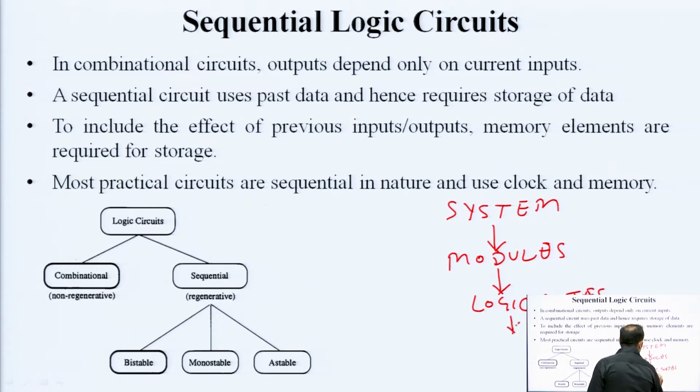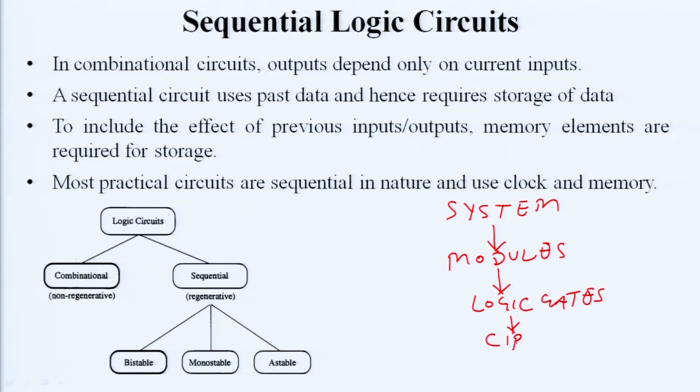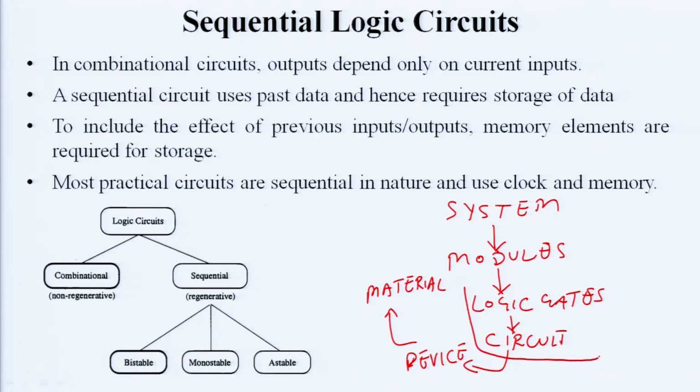These logic gates were made by some circuit, and this circuit came from some device, and the device itself was made up of some material. So, in this hierarchy, till now we are oscillating between logic gates and some circuits.